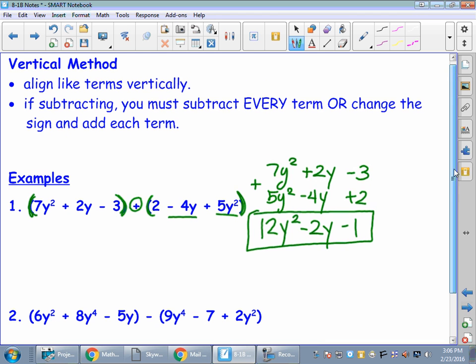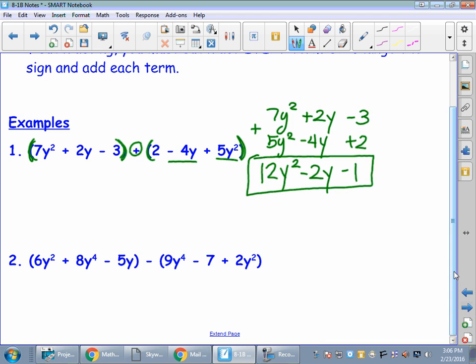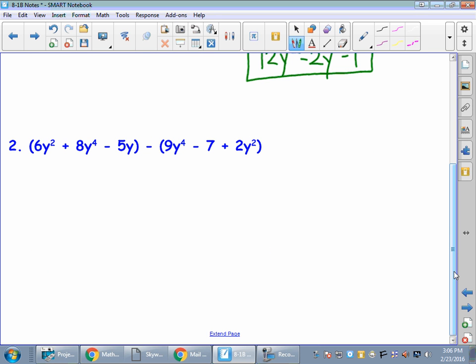When we subtract, same concept, we're going to realign them in standard form. So I'm going to look at this first one, and I notice that 8y to the 4th is the biggest degree, so I'm going to put that out in front, followed by a positive 6y squared. If there's no sign out in front, it's a positive, and then minus 5y.